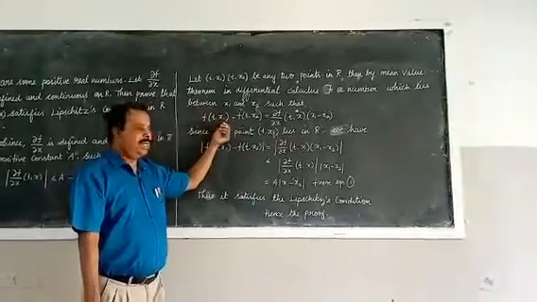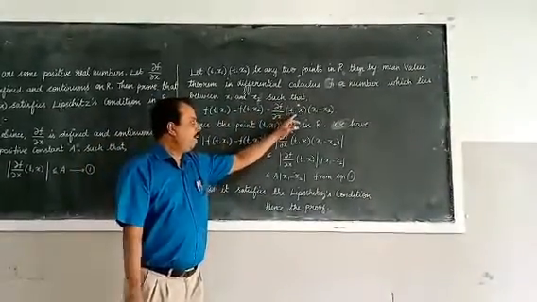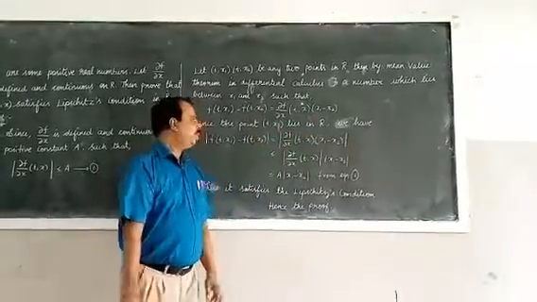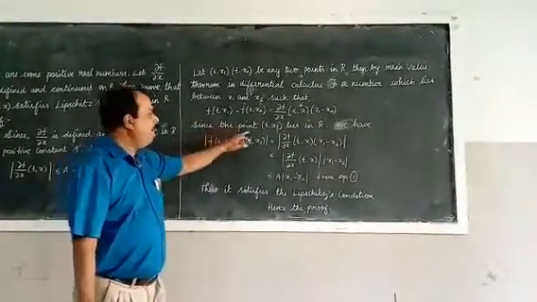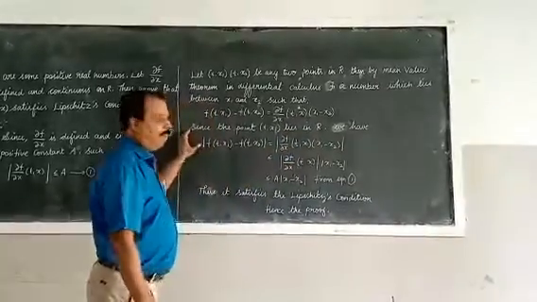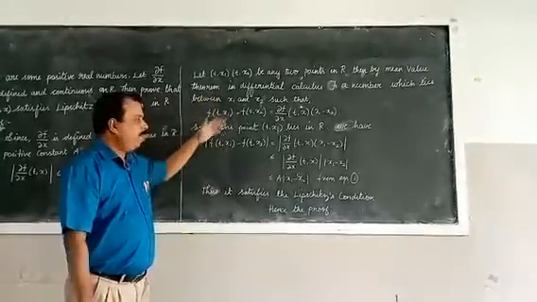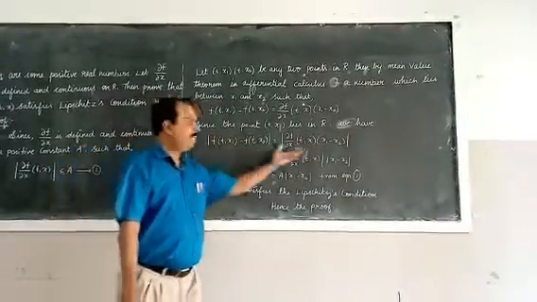f(t, x1) - f(t, x2) equals the partial derivative of f with respect to x at (t, x) times (x1 - x2). Since the point (t, x) lies in R, we take the modulus value of this.